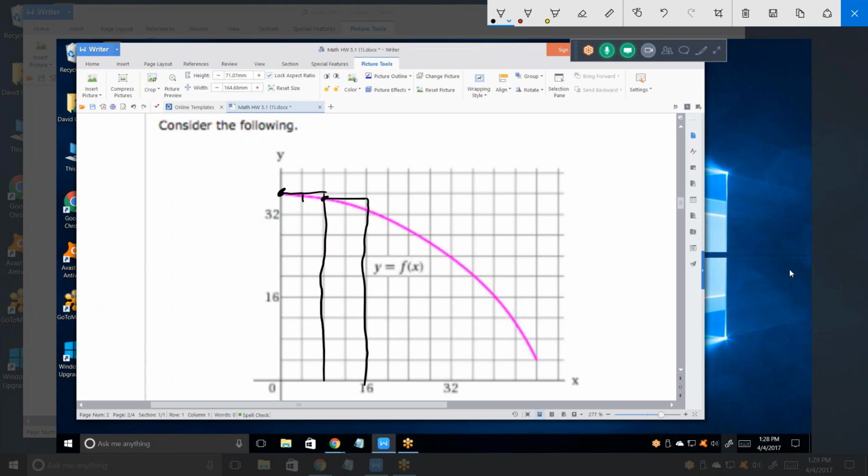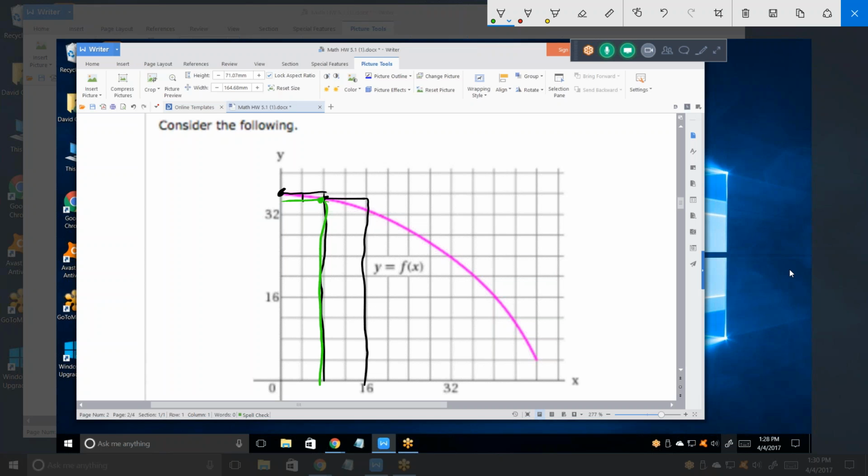So in this curve, left-hand endpoints are going to overestimate, right-hand endpoints are going to underestimate. If I was doing right-hand endpoints, I would start my first rectangle there. That would be my first rectangle. Notice that underestimates it. There's a lot of area between the top of that rectangle and the pink curve.